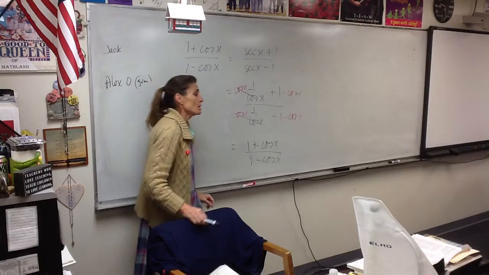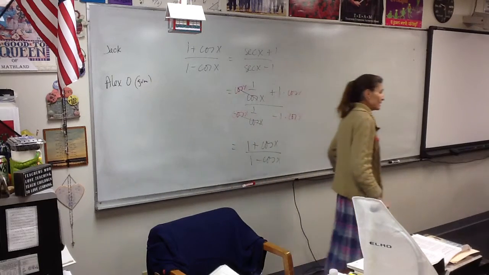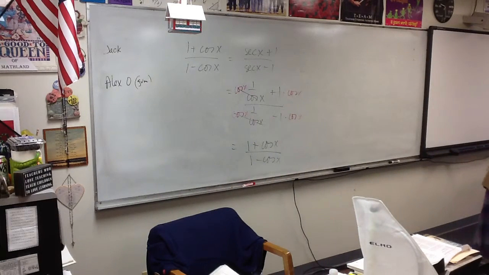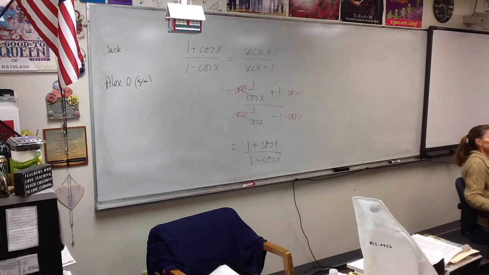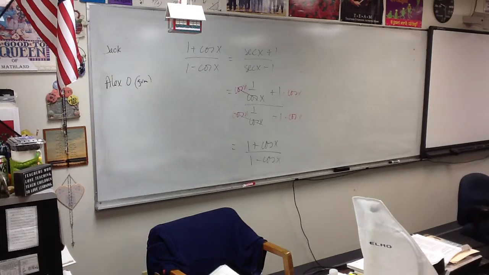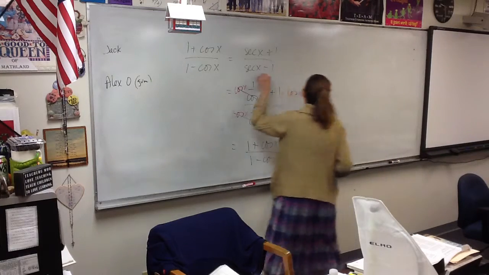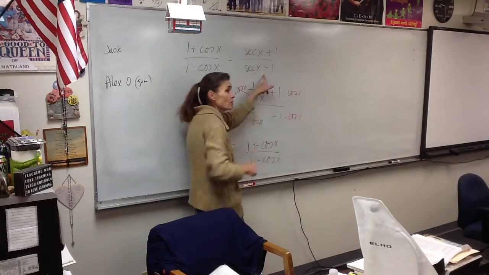Let's talk about this for a second, you guys. Don't get so caught up in trying to do tricky fancy stuff that you forget the meat and potatoes. Change into sines and cosines, especially since you have secants and you want cosines.